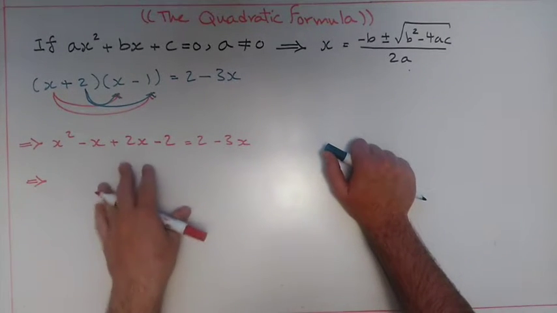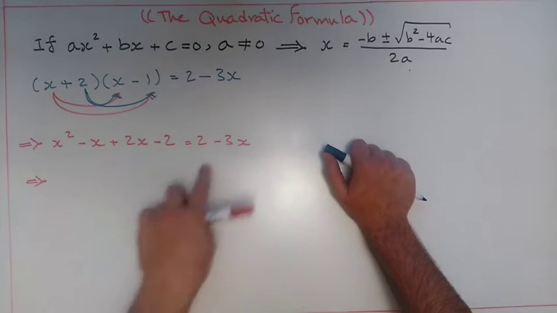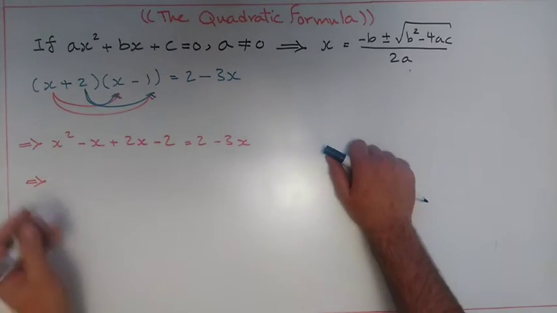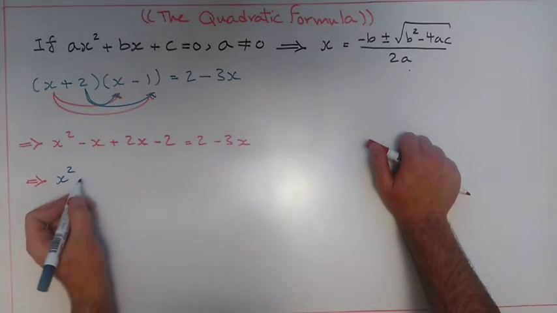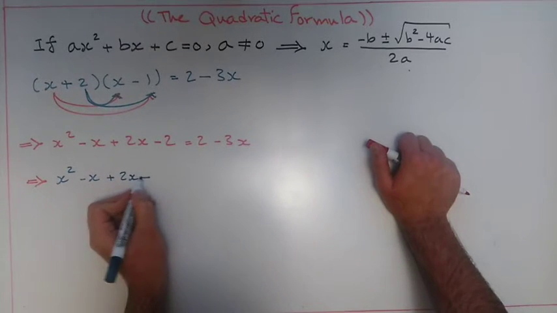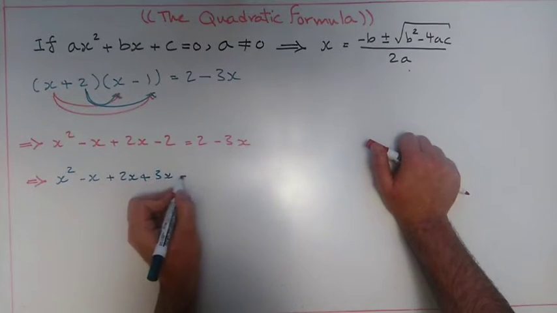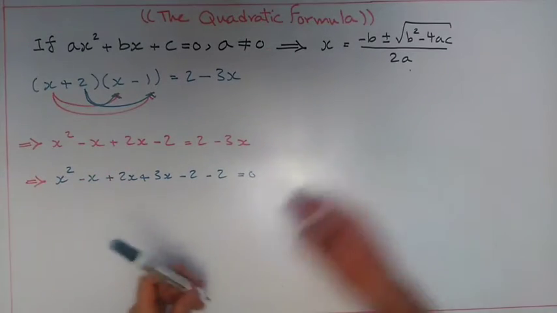Therefore, I need all of the x's, everything on the other side, so I will only have 0 on this side. So I get x squared minus x plus 2x plus 3x minus 2 equal to 0.